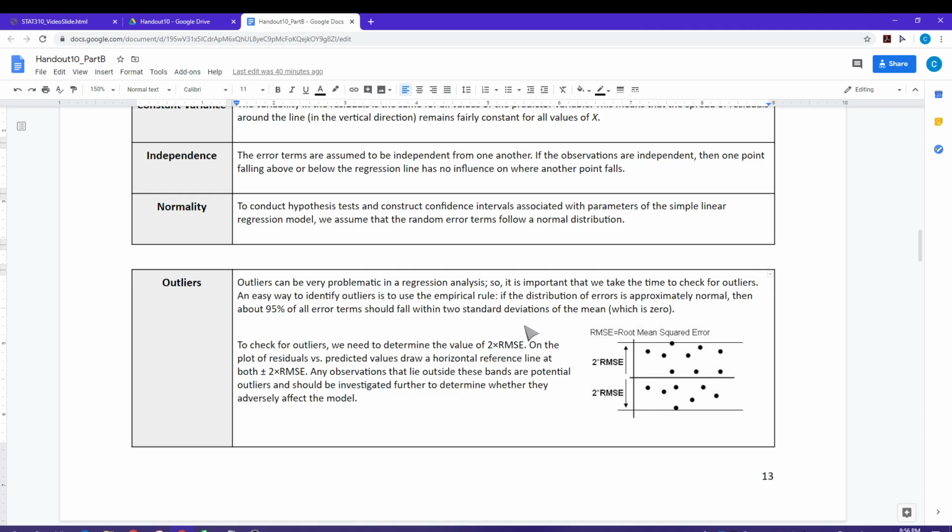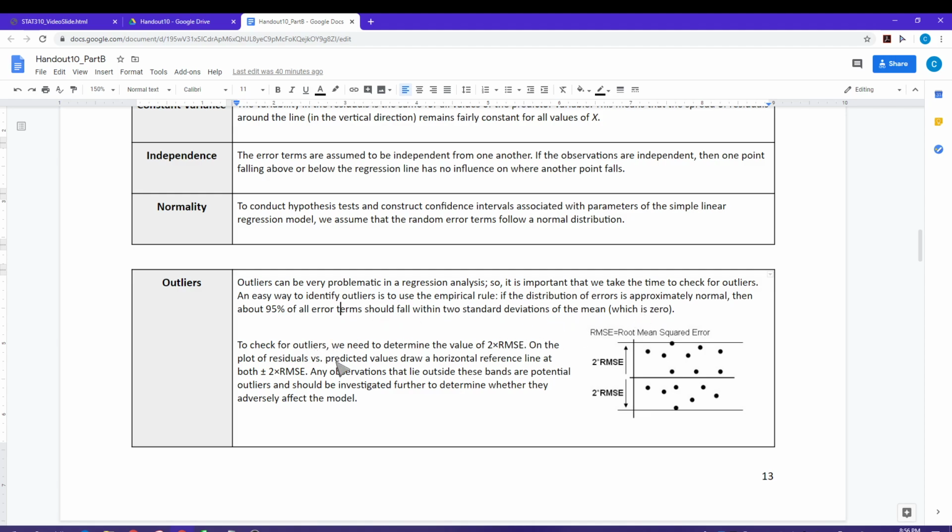There's an easy way to check for outliers, and that is just to use the empirical rule. The empirical rule states that about 95% of the values should fall within 2 standard deviations of the mean. Well, we are assuming normality. My mean residual, or my mean error term, is going to be 0.